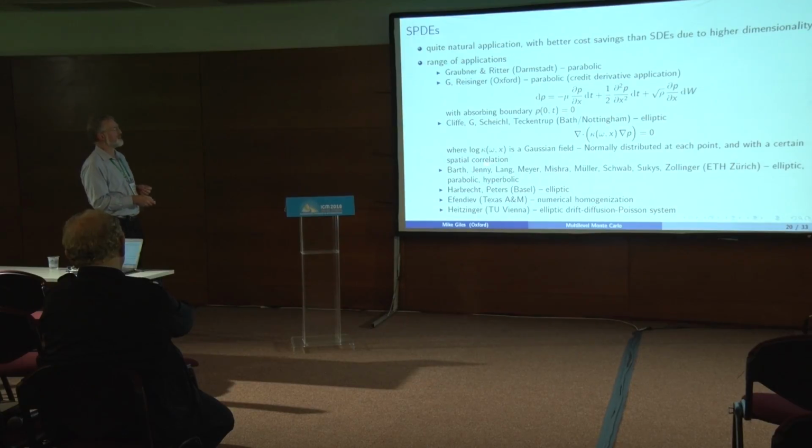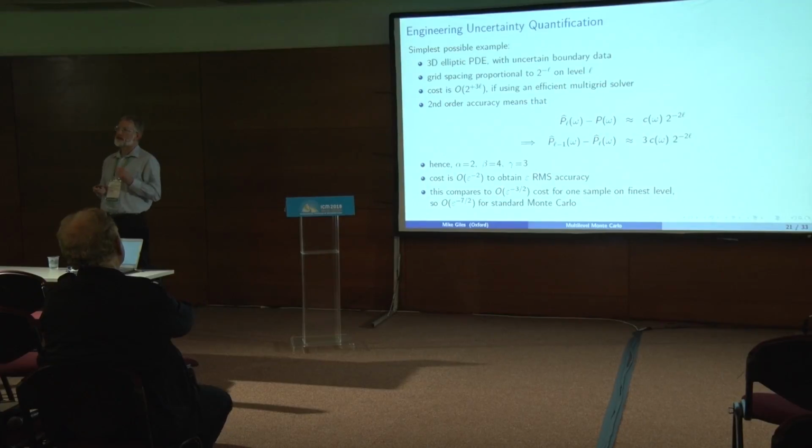So the log of the kappa is a Gaussian field. So at each point in space, it's normally distributed, and then there's a spatial covariance structure to it. Christoph Schwab is one of the key people in doing applications of stochastic PDEs, and he and his group have investigated a whole range of different PDE models.